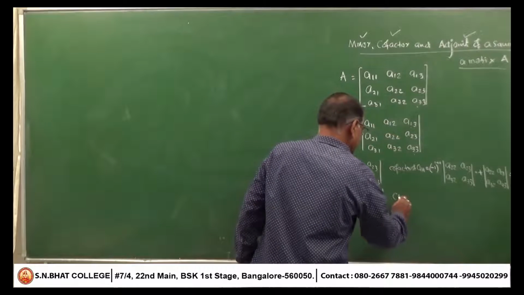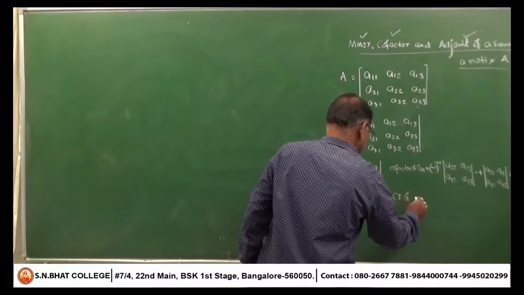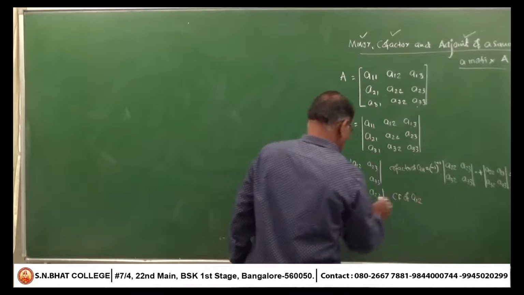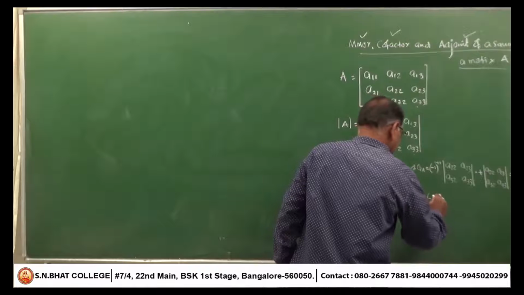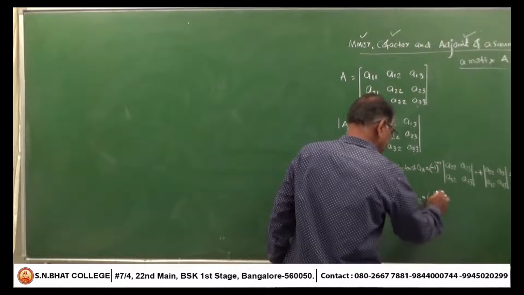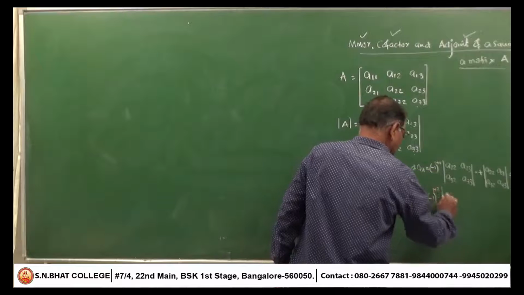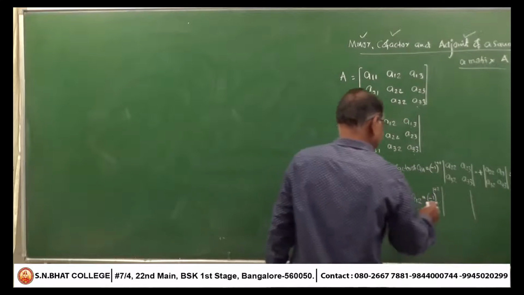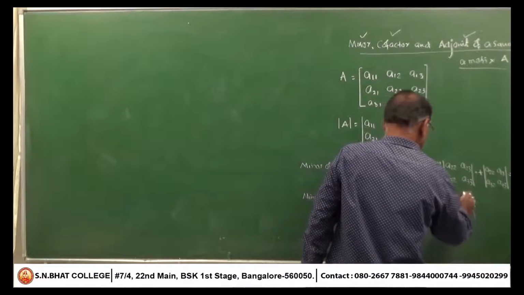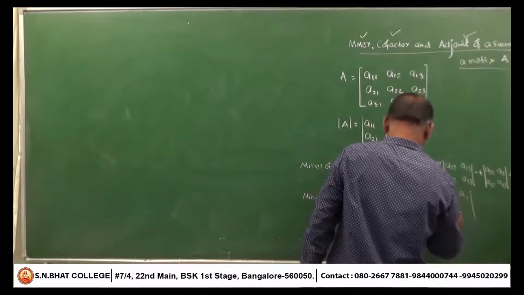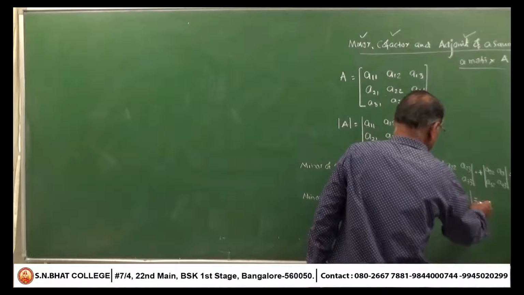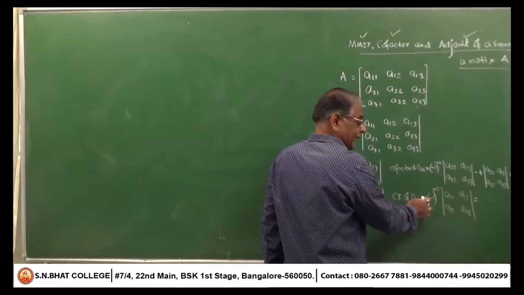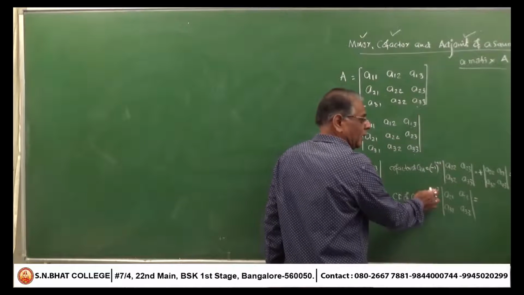Next, the cofactor of A12 is equal to minus 1 whole power, add the suffixes 1 plus 2, into the same determinant: A21, A23, A31, A33. This is nothing but minus 1 whole power 3.